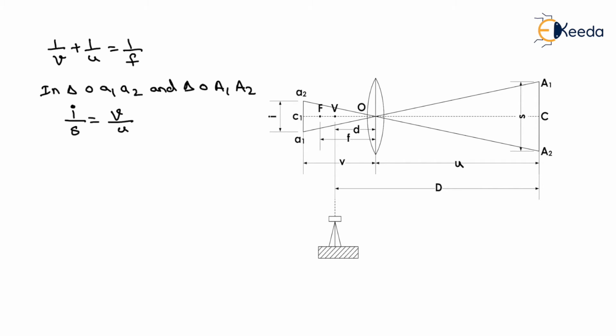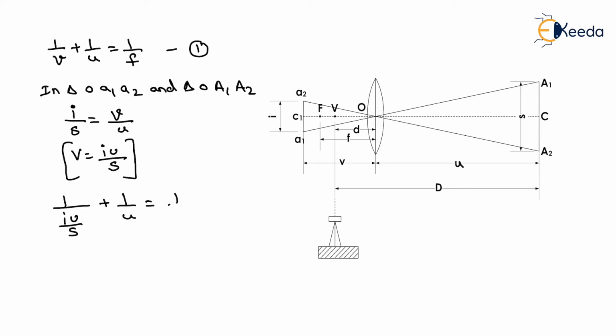Now we can compute the value of v from this. It will be equal to i u by S. That will be the value of v. Now we will put this value of v in the first equation and we will get 1 by (i u by S) plus 1 by u is equal to 1 by f.